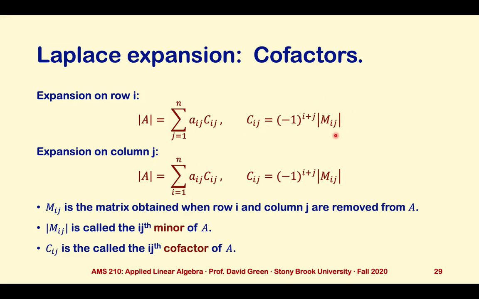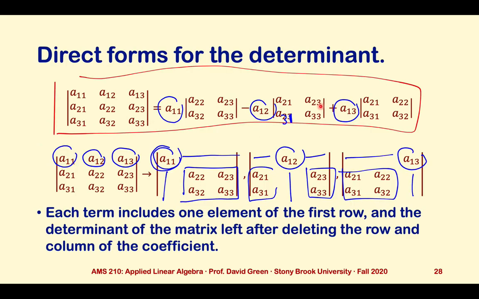It involves a determinant of the matrix obtained when we delete row I and column J from A. The determinant of that matrix is known as the ijth minor of A. And it has a sign term, determined by -1 raised to the power of i plus j. If we look back at our previous result, when we had i, j equal 1, 1, we had a positive term. 1 plus 1 is 2.